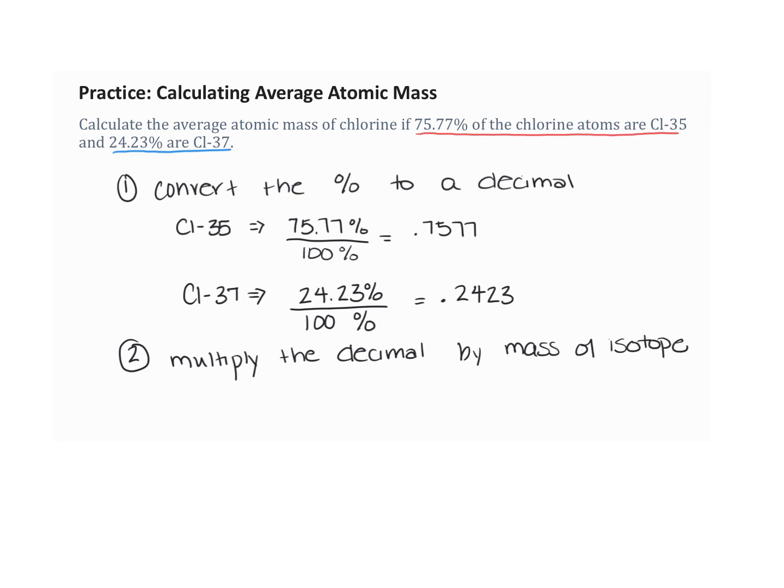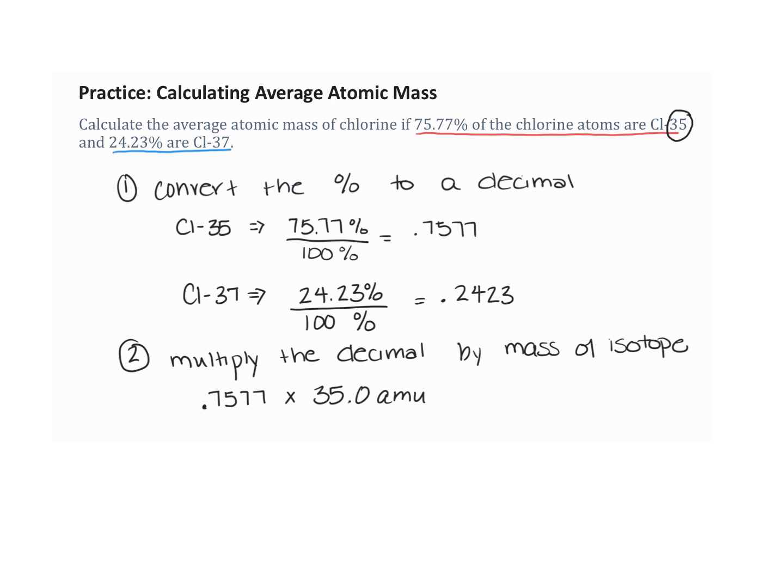So what we're going to do here is 0.7577 times 35. I'm going to go ahead and make this 35.0 AMU. The 35.0 AMU comes from this number. If you don't have that, it will also be given to you.